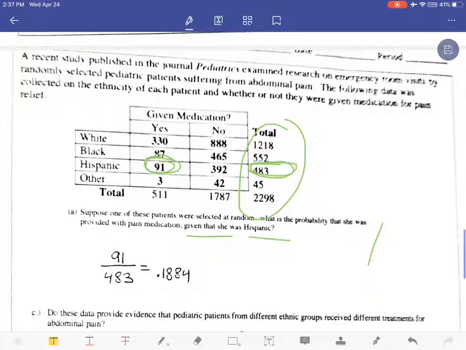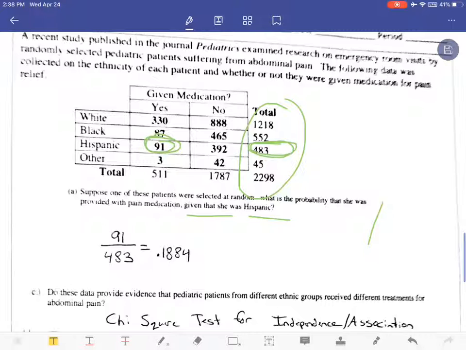It just says they had visits by randomly selected pediatric patients suffering from abdominal pain. It didn't say anything about multiple samples, so it's just one sample. So it's going to be a chi-square test for independence or association. I'm going to call it a test for association for the rest of this video, but it's the same thing as a test for independence. So we're going to write that down first on our significance test: chi-square test for independence or association.